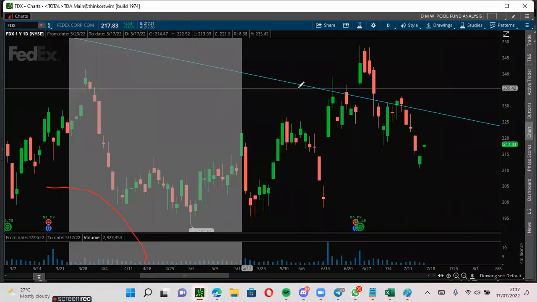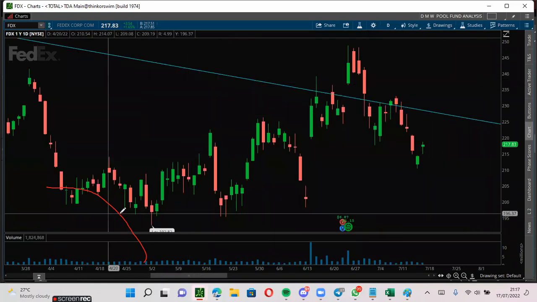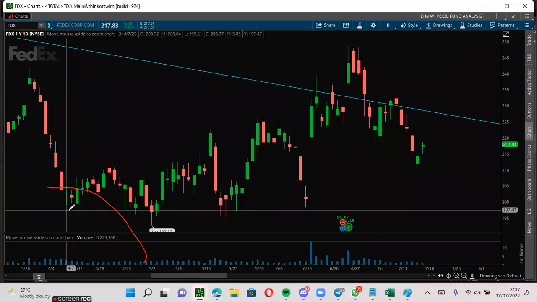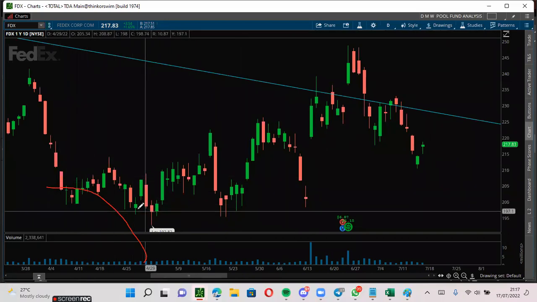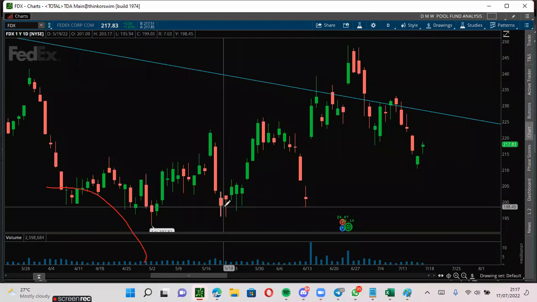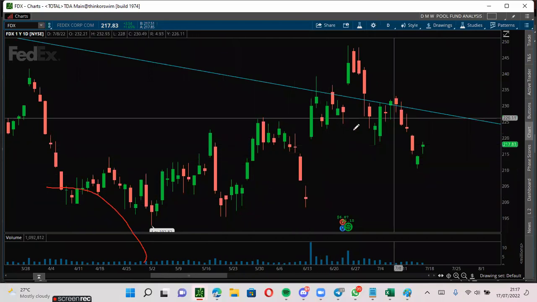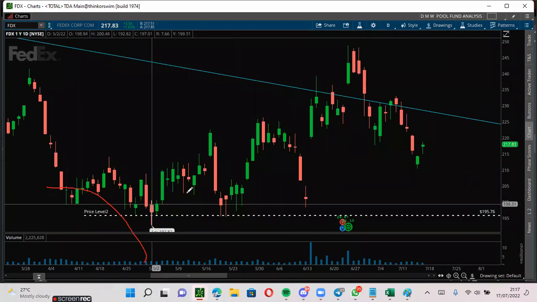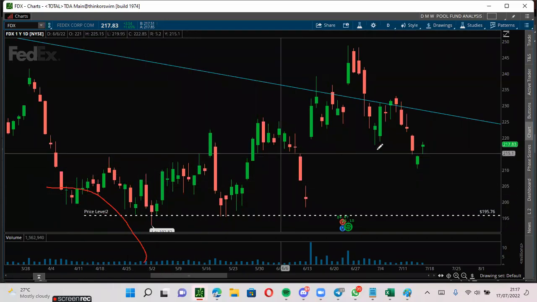On a daily chart, okay, this is one bottom, this is another, and this is another, as you can see. It is just trying to find more support, and now it is trying to bounce back again.